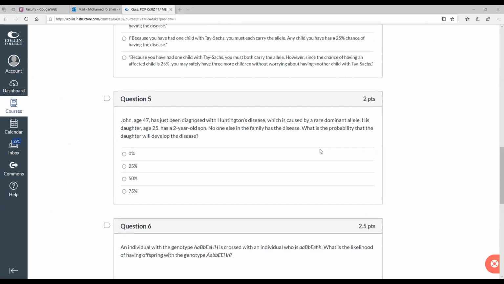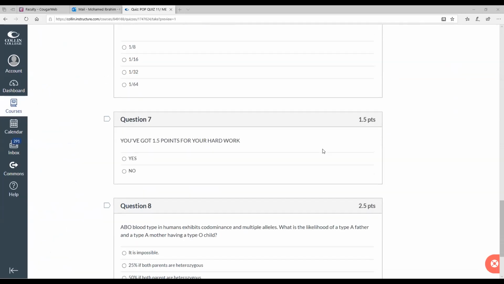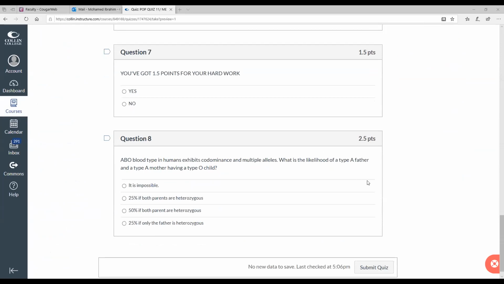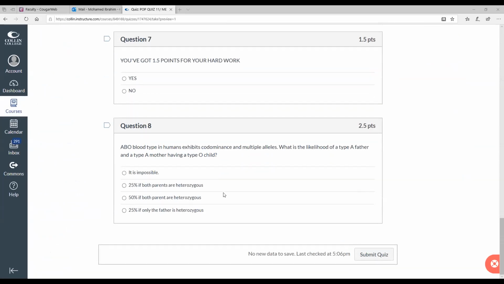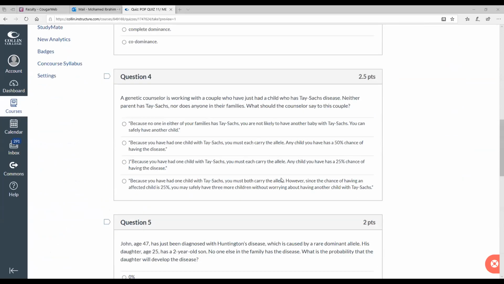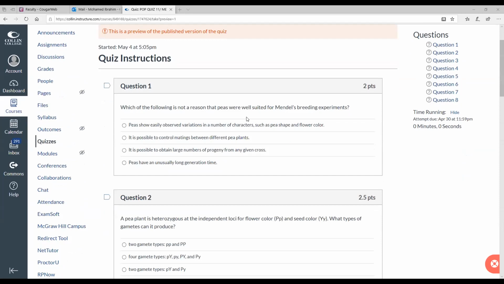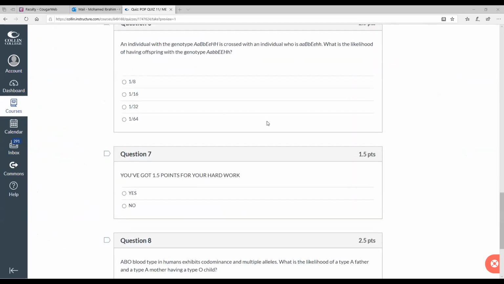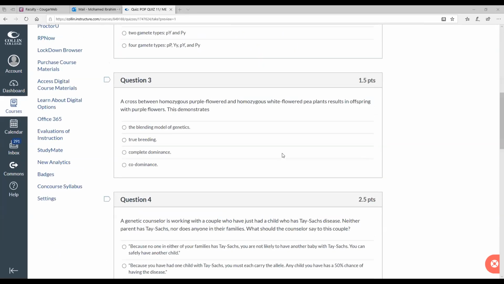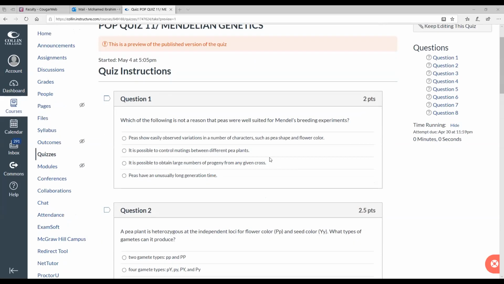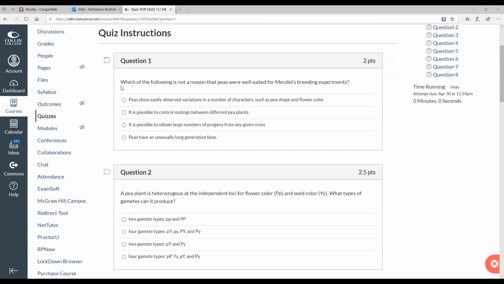One of the questions that was a little bit hard, I believe, was, for questions 1 all the way to number 8, do you remember which one of those was kind of difficult for you, or you didn't get? The question about which of the following is not a reason that peas were well suited for Mendel's breeding experiment.